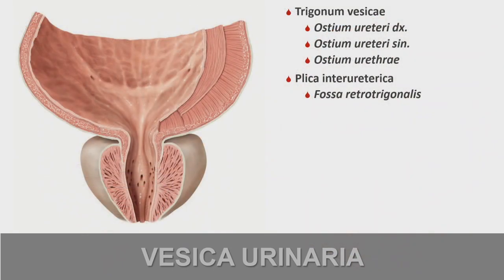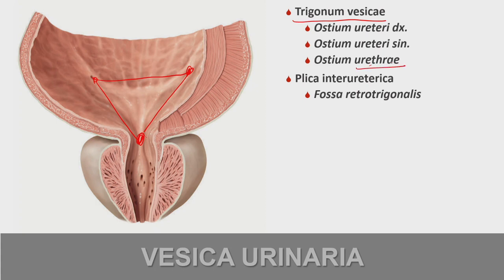As for the arrangement of inner structures, you can see that the space of the urinary bladder is inflated upwards, but at the bottom we can observe a trigone. This is called trigonum vesicae. The trigonum vesicae is made from 2 ostia of the ureters, and down is the third point, called the ostium urethrae.